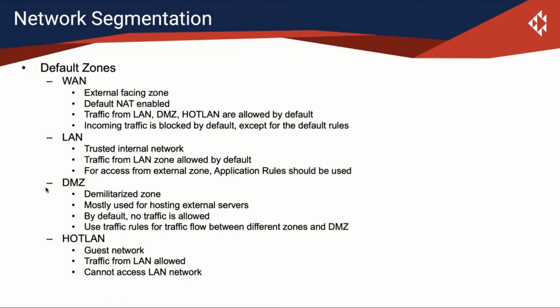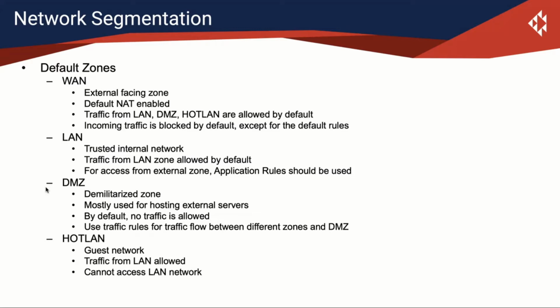So Crystalline by default comes with 4 zones, and we believe that these 4 zones are sufficient to have your networks working. The first zone is the WAN zone. The WAN zone is an external facing zone. Any external, untrusted traffic comes via this zone.